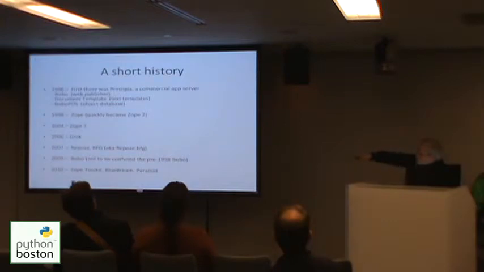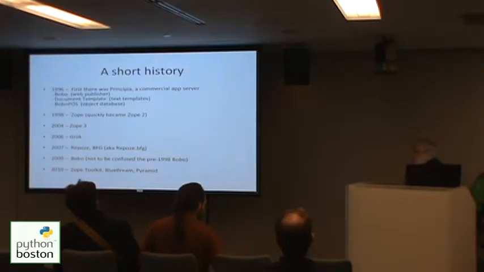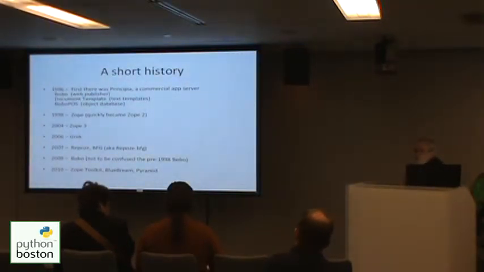Skipping past some of the things in between, what eventually happened is they separated out the components that could be generally used by other frameworks into a toolkit, and then they renamed Zope 3 into Bluebream. So Bluebream would be the app server part of Zope 3. Now the Zope toolkit becomes the library that other pieces can use.